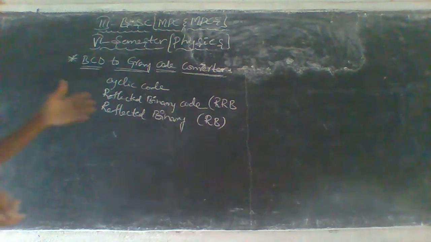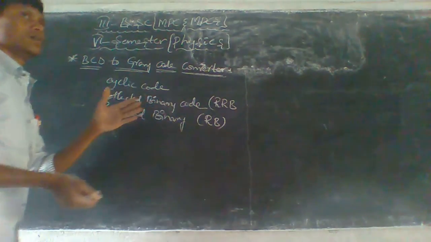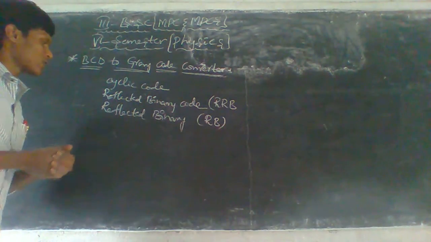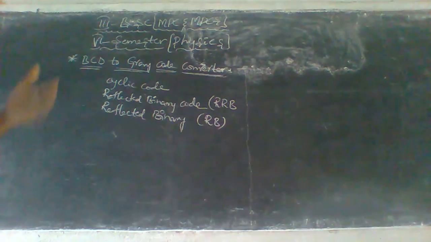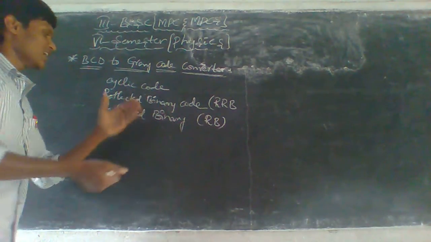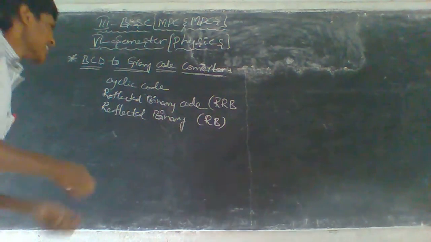The Gray code is also known as cyclic code or reflected binary code.